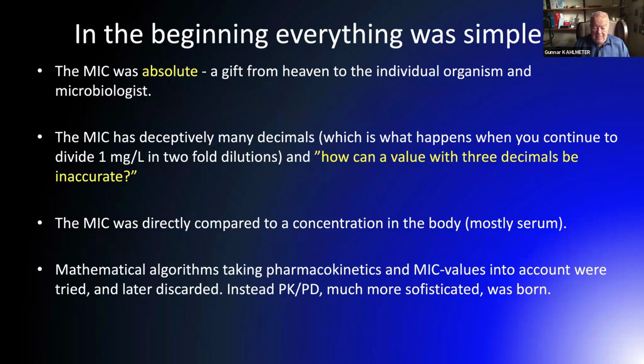And some of you will remember that EUCAST had in their breakpoint tables a tab called the PK/PD breakpoint tab, which has now been removed because we eventually realized that the PK/PD was also species-specific, and that PK/PD for a Pseudomonas aeruginosa infection would look different than the PK/PD for a Streptococcus pneumoniae infection, and that a lung infection would look different than a wound infection.